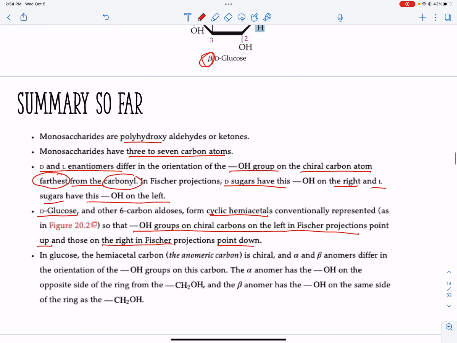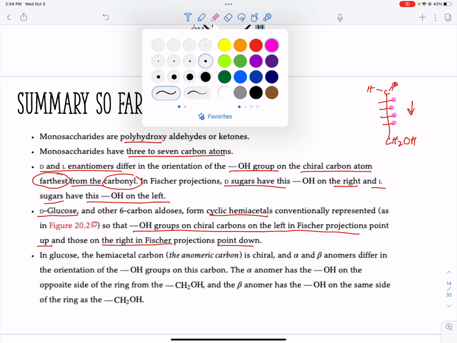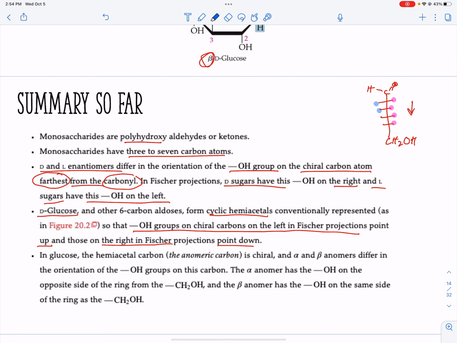What that's saying is, when you have this kind of orientation, the groups that are on the right are going to end up pointing down when you turn it into its cyclic structure. The groups that are on the left are going to end up oriented up in the Haworth projection.